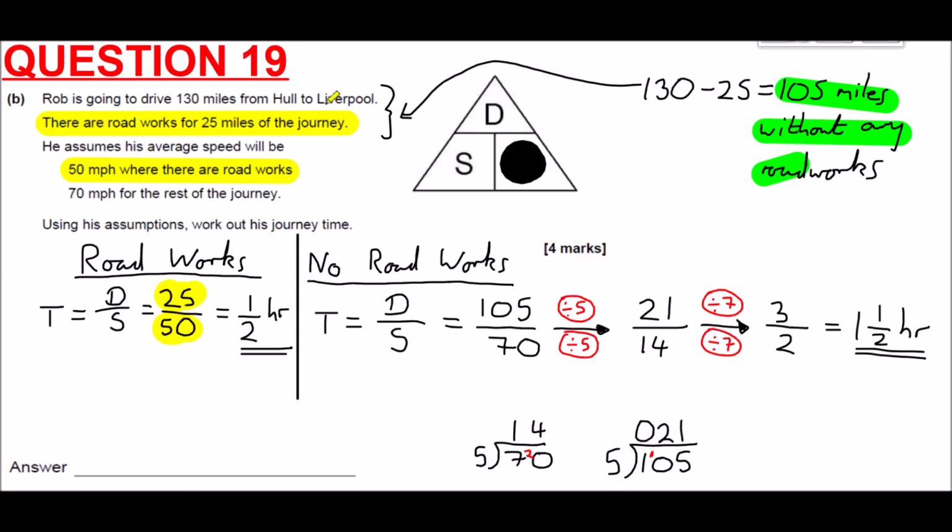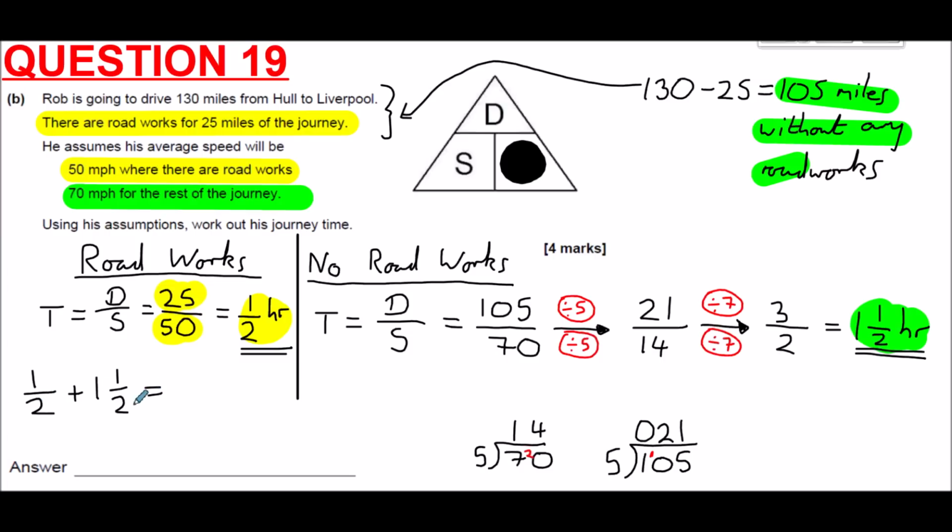So just combining where we've got roadworks, that's half an hour. With no roadworks, that'll take an hour and a half. So the total time taken is half an hour plus 1 1/2 hours.